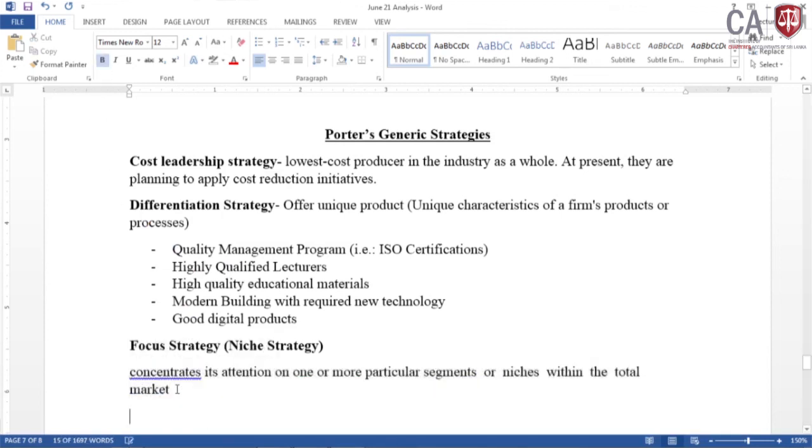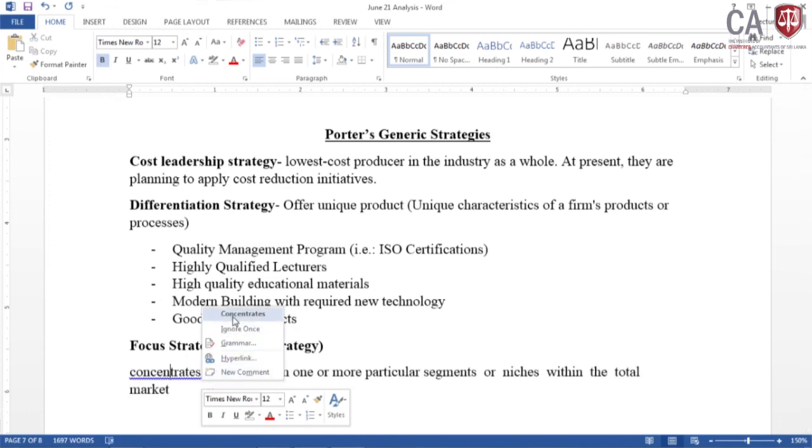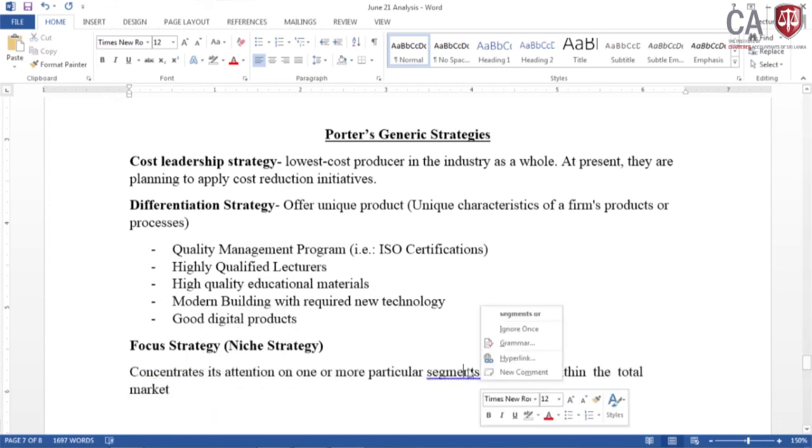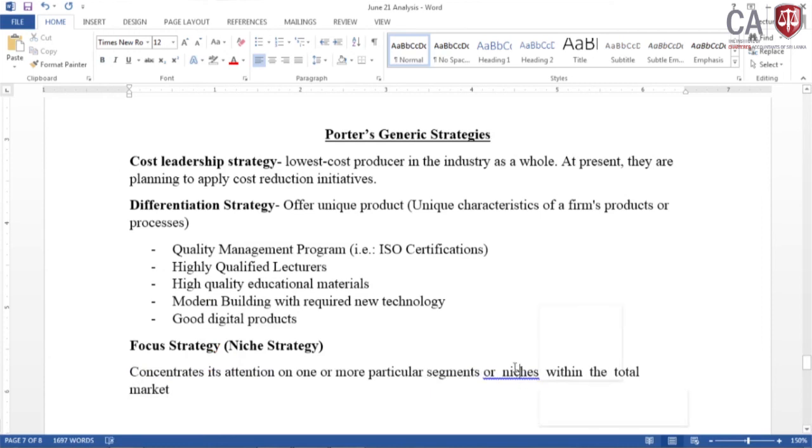So, this may also be relevant for them. Possibility to apply this one also, right.